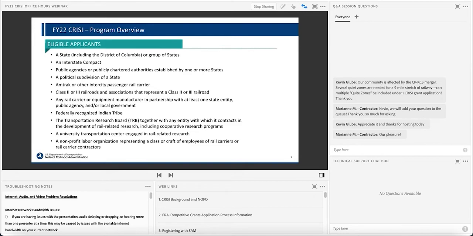Just a quick word about public agencies as described on this slide and in the NOFO. If you are applying as a public agency or publicly chartered authority, please make sure to include a link to your authorizing statute in the project narrative portion of the application, or include it as an attachment, the public charter, if it isn't available online.